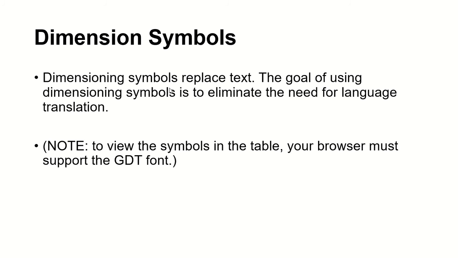Therefore we're going to use symbols. The goal of using a symbol is again to eliminate the need for language translation. So we use mathematical symbol codes in order to shrink all this bulky language that we speak. Of course, if you use your computer, you definitely need to download your GD&T font.